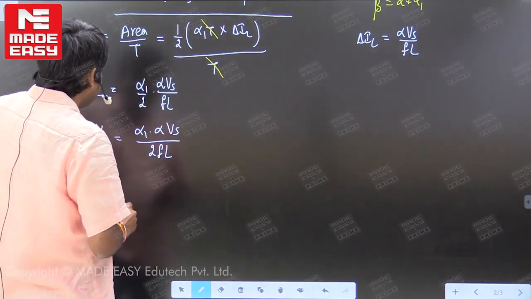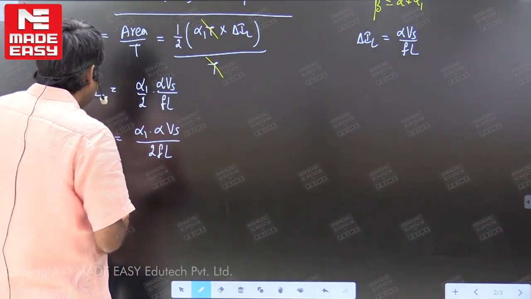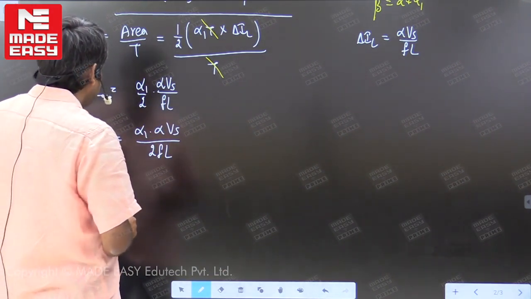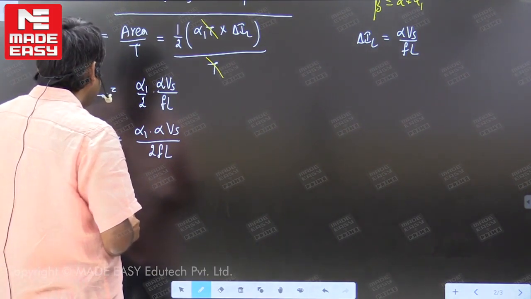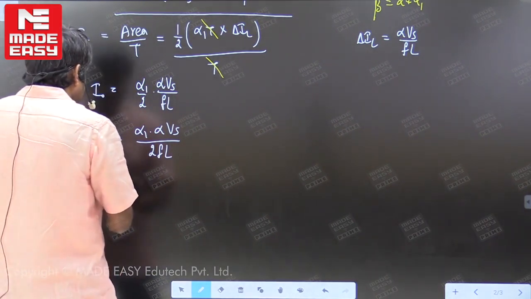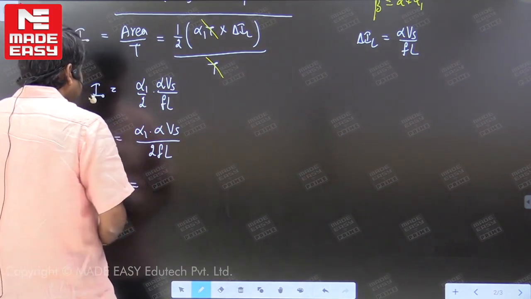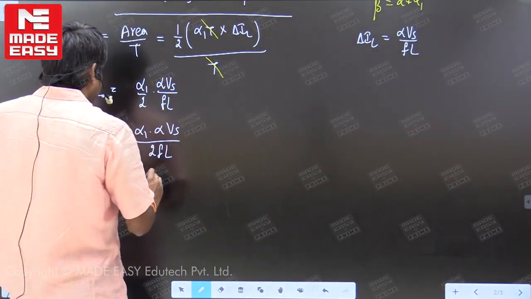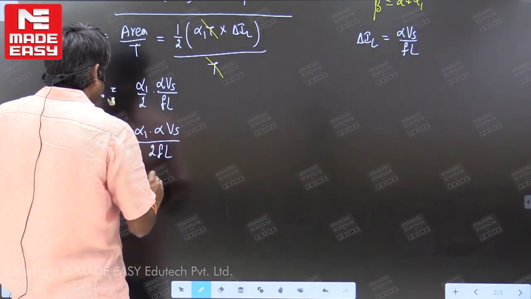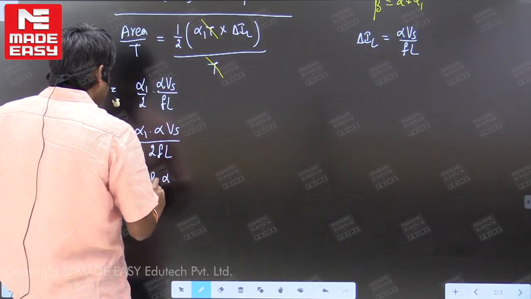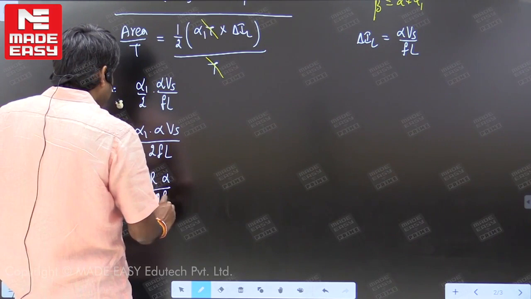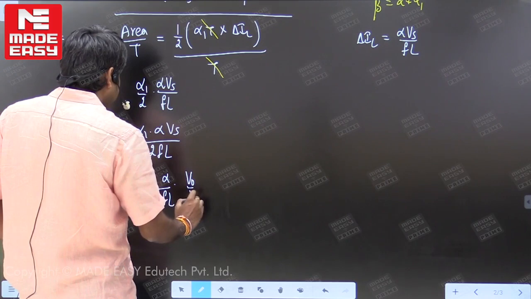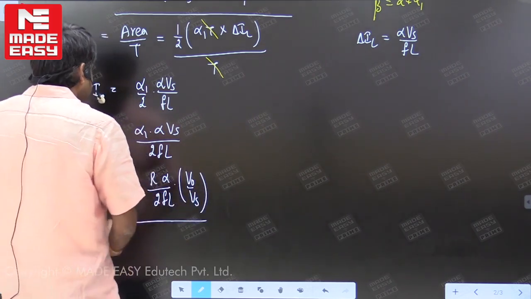Okay. So from this expression, I will give the formula for alpha 1 in terms of the remaining parameters. From this, alpha 1 is equal to R into alpha by 2 into F into L into V naught by Vs. Just cross check.